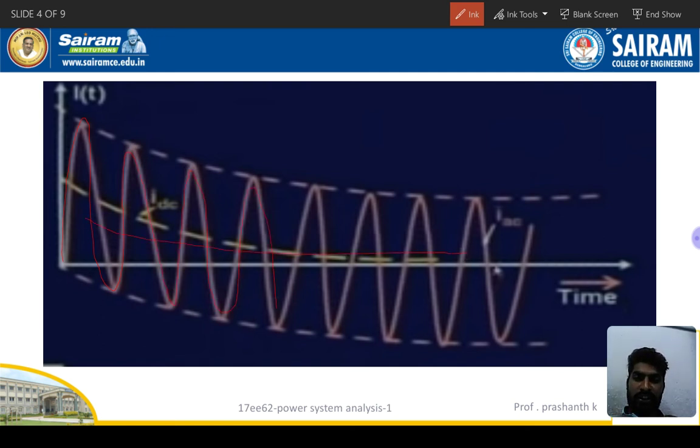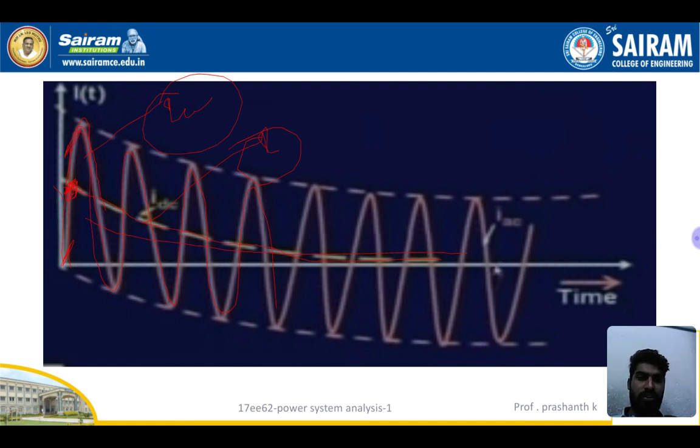If the fault occurs here, it will increase suddenly, but for the DC component, if the fault occurs here, it will increase slowly and then the DC component slowly decays, I mean dies out here. So this is IDC, this is IAC, and this is IT, the addition of these two, which gives the fault current. This is basic, we should know while deriving the equation.